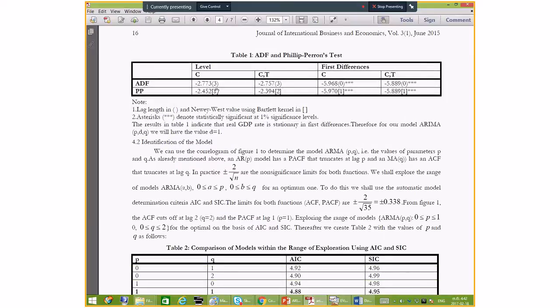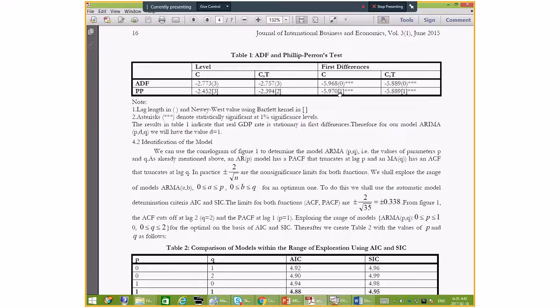Then the augmented Dickey-Fuller test and Phillips-Perron test also show that the first difference series are stationary. That is the first step we need to do, to check whether the series is stationary.